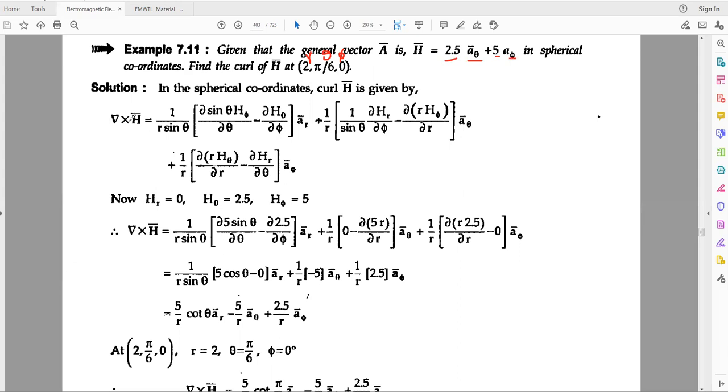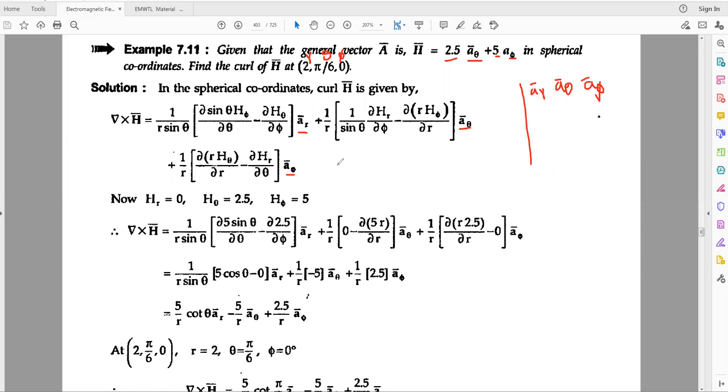So del cross H bar has an AR bar coefficient, an A theta bar coefficient and an A phi bar coefficient. Since it is a spherical coordinate system, after applying the del function, the formula is 1 by r sine theta, dou by dou theta of sine theta H phi, minus dou H theta by dou phi, plus 1 by r.